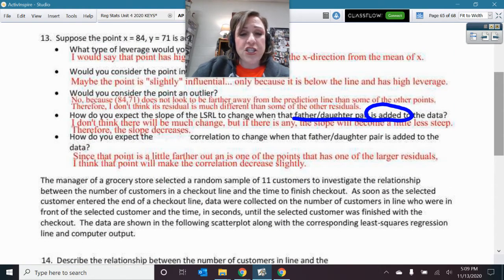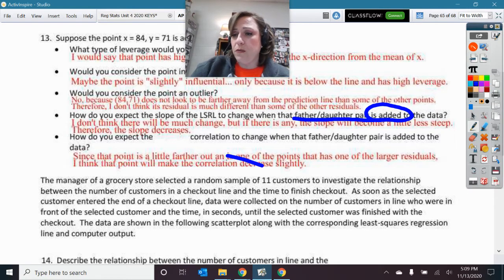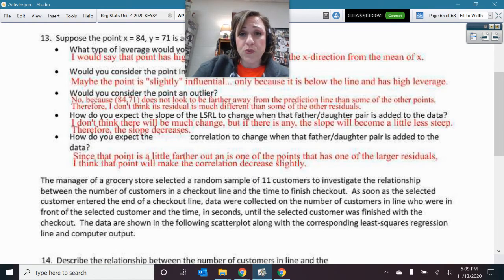How do you expect the correlation to change? Well, since this is a little farther out and has one of the larger residuals, maybe adding it will make the correlation a teeny bit slightly less, but not a ton. Just like how the slope doesn't change that much.